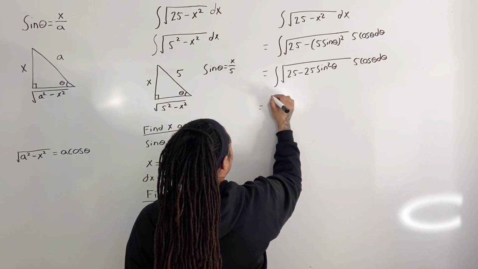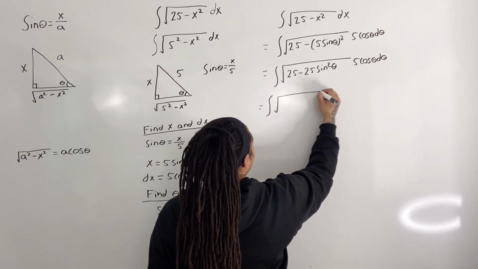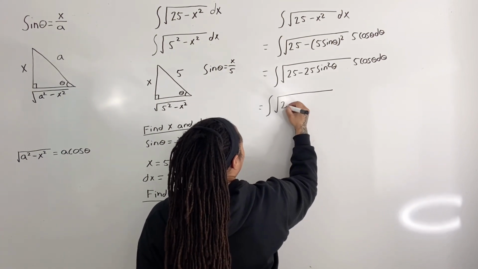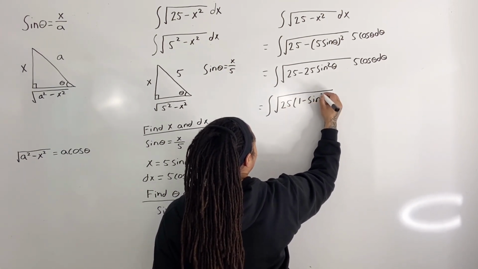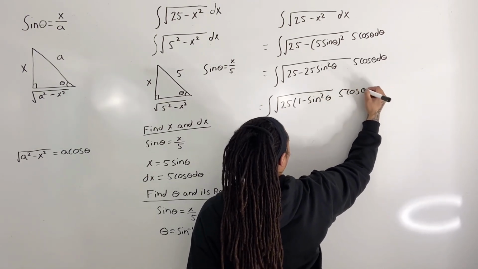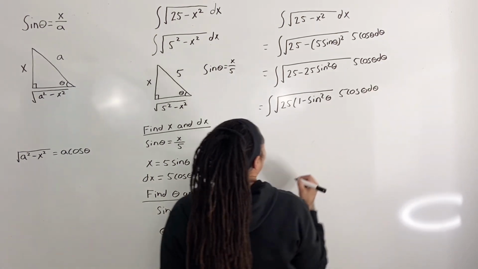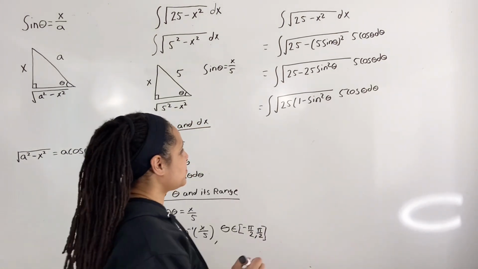And this is equal to the integral of the square root of, factoring out 25, we have 25 times 1 minus sine squared theta times 5 cosine of theta d theta. And now I can remove 25 from under the square root.